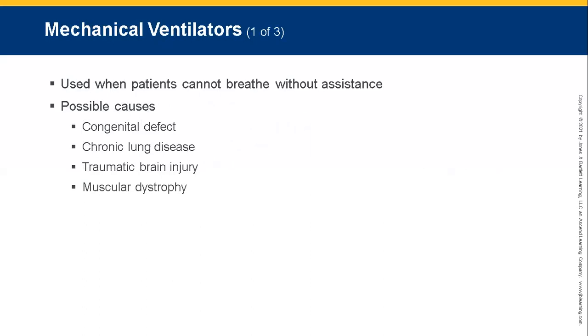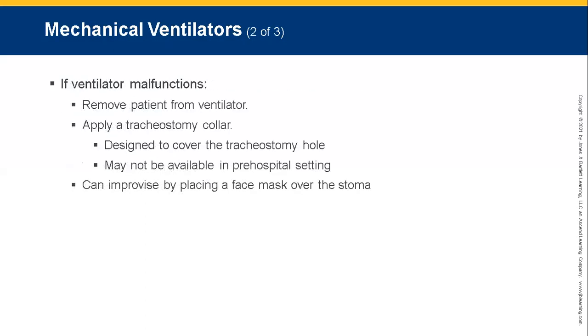Mechanical ventilators are used when patients cannot breathe without assistance. Possible causes of that would be congenital defect, chronic lung disease, traumatic brain injury, muscular dystrophy. If the ventilator malfunctions, remove the patient from the ventilator and apply a tracheostomy collar designed to cover the tracheostomy hole.